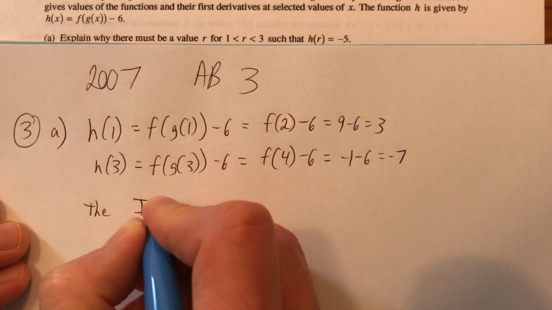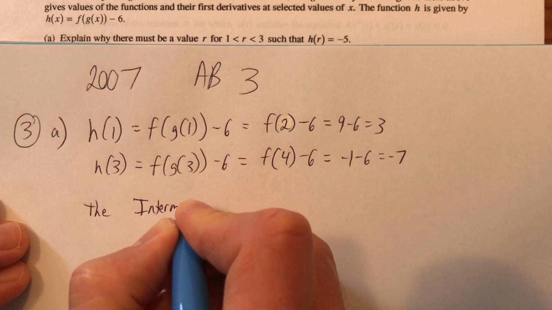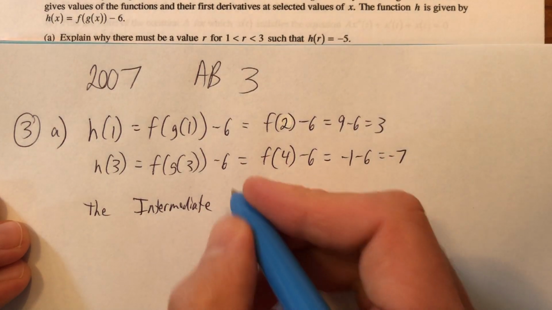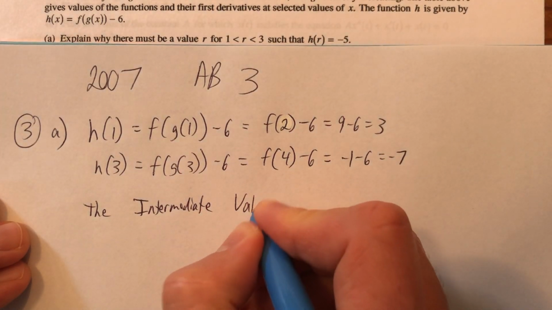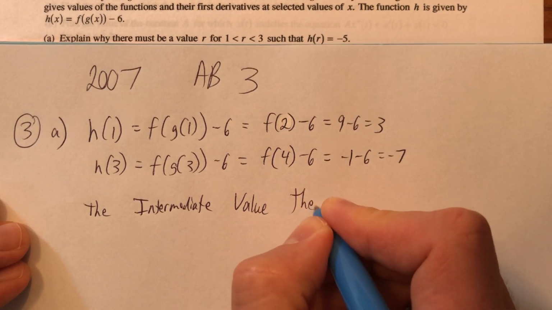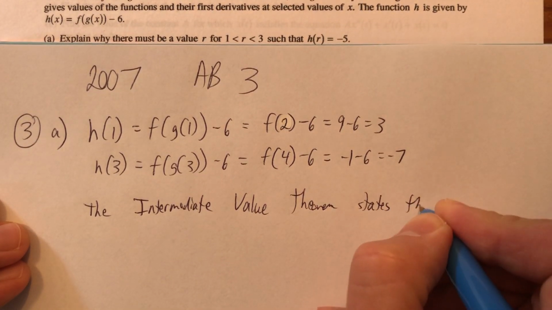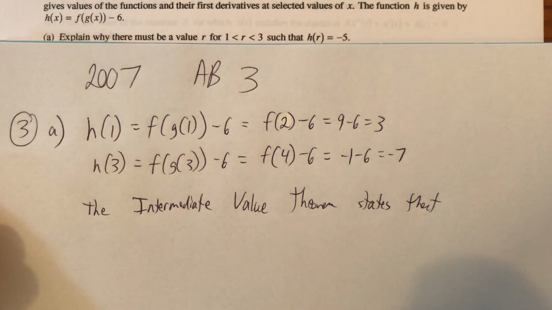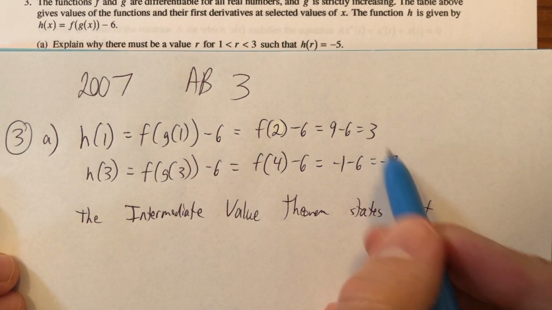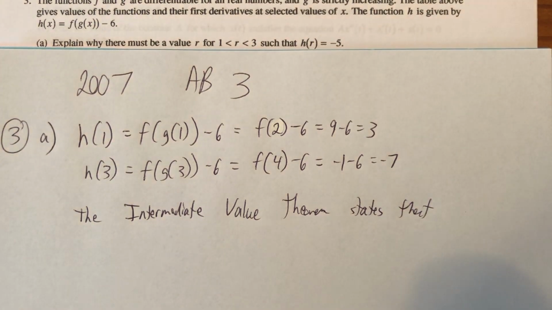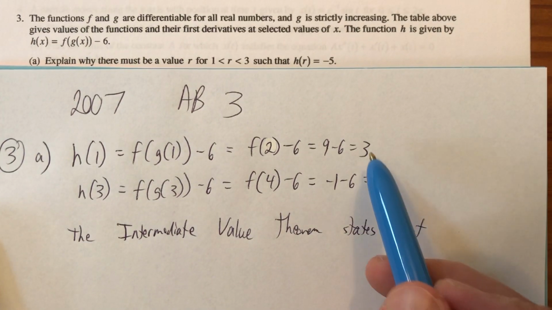I'll just say this. The intermediate value theorem. I'm spelling the whole thing out when you can really just put IVT. The intermediate value theorem states that, well, what does it tell me? Well, it tells me that something exists between two values if it's continuous, and what I'm looking for is between those two values.